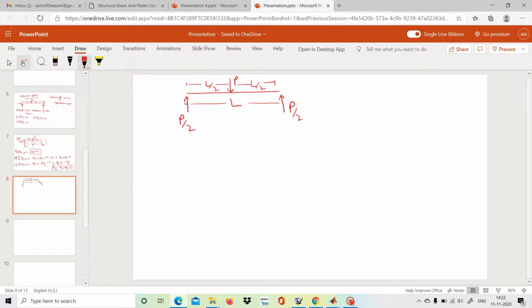So for this simply supported beam, it is P by 2, P by 2, and P. We choose a section 1-1 at a distance x.